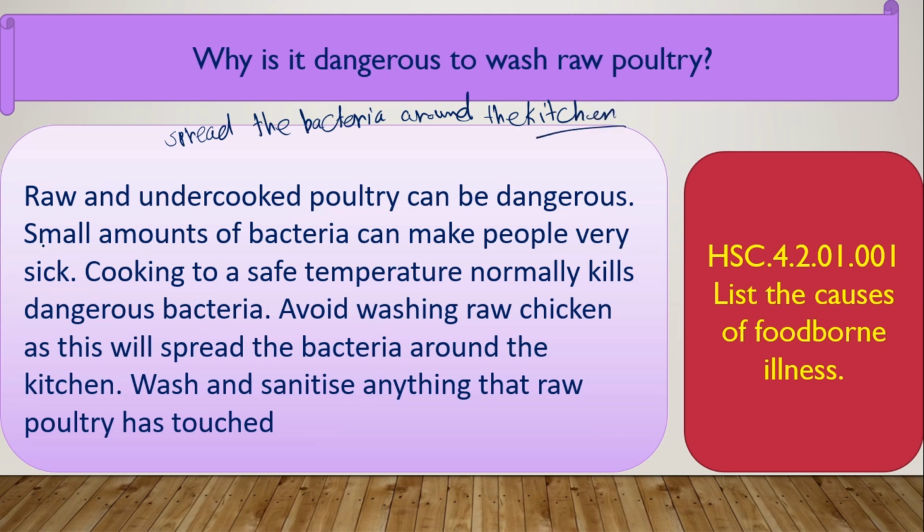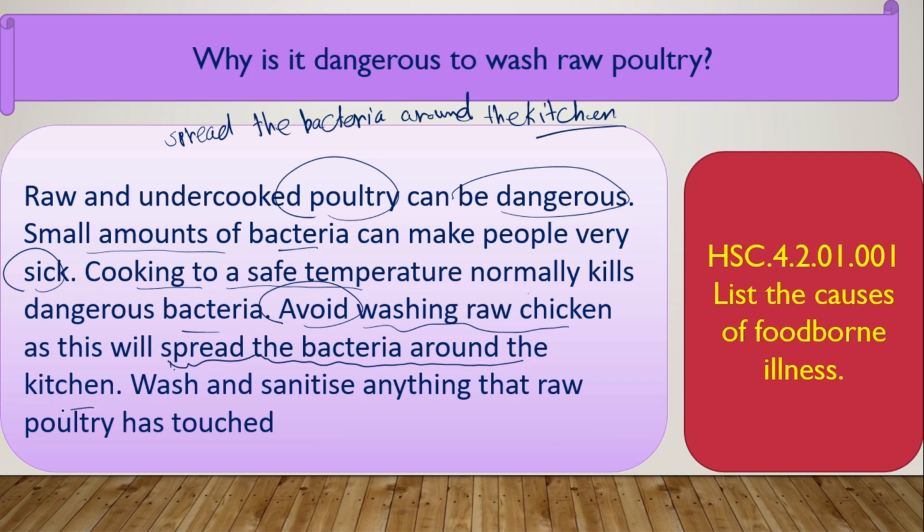Raw and undercooked poultry can be dangerous. A small amount of bacteria can make people very sick. Cooking to a safe temperature normally kills dangerous bacteria. Avoid washing raw chicken, as this will spread the bacteria around the kitchen. Wash and sanitize anything that raw poultry has touched. Clear?